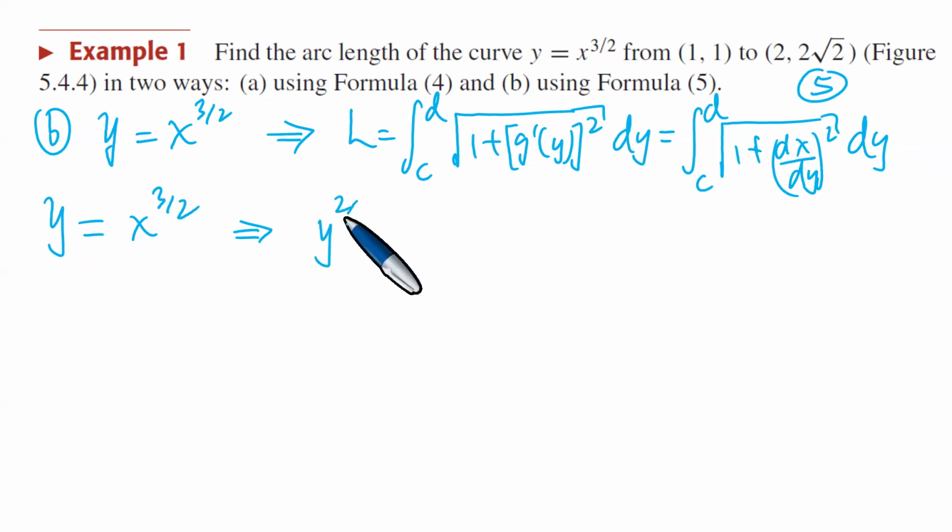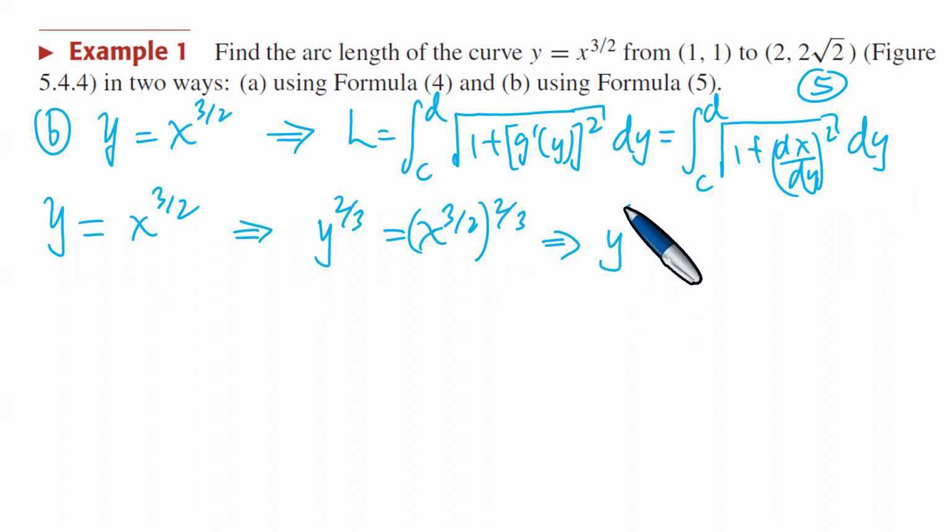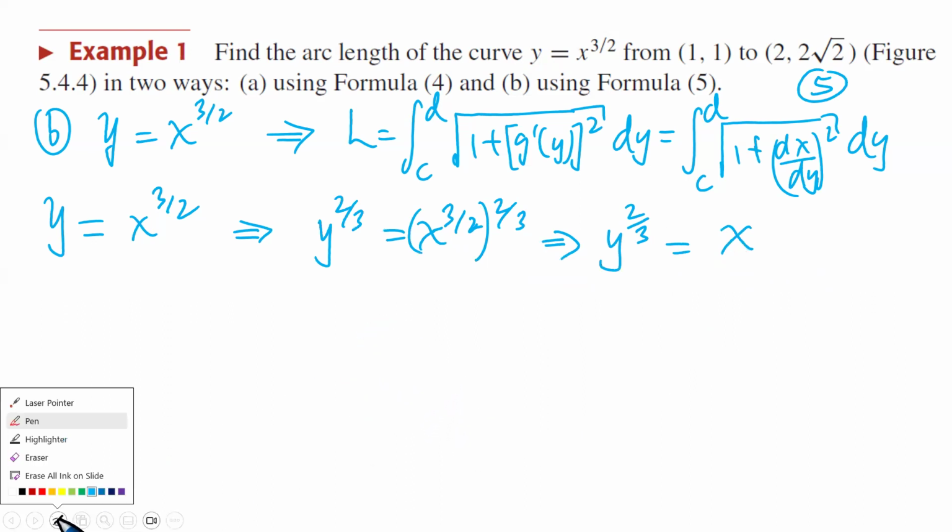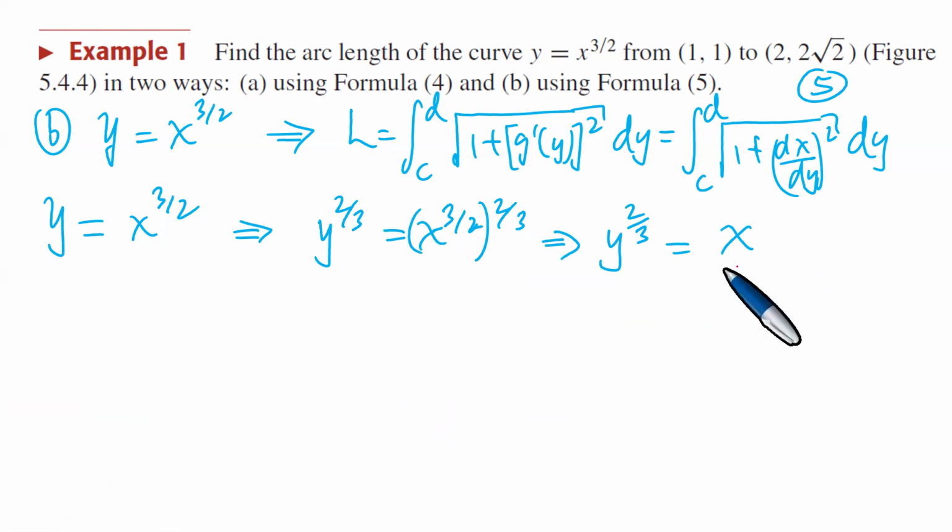So y is raised to the power 2 out of 3, and therefore the 3 cancels and the 2 cancels, giving us exactly x. Now that we've made x the subject, we can find dx/dy, and then we can find the 1 plus the square.